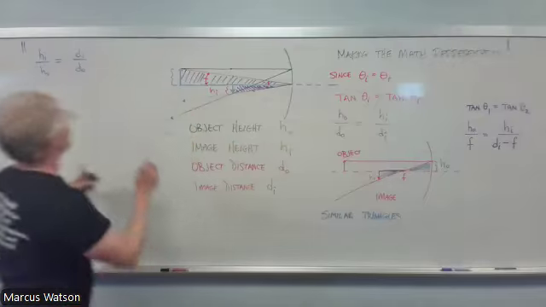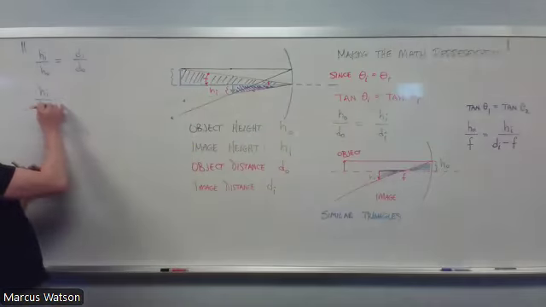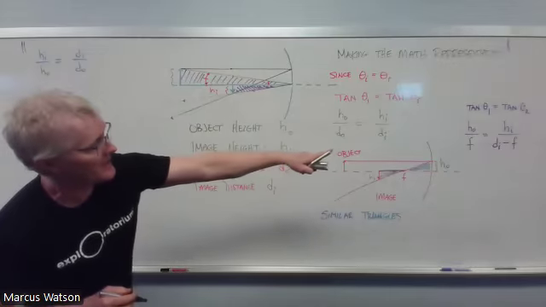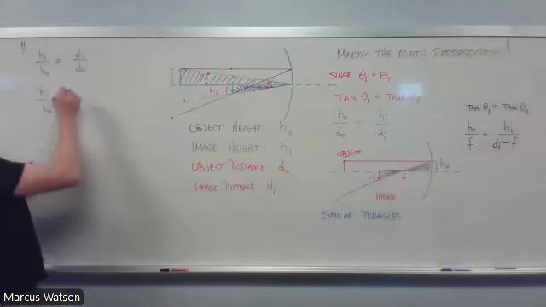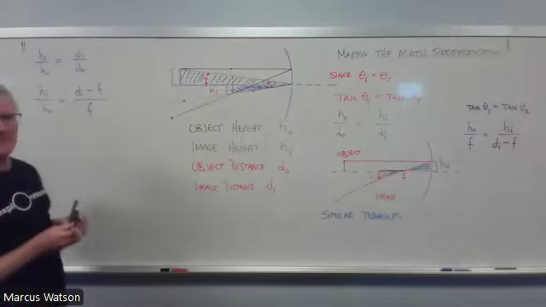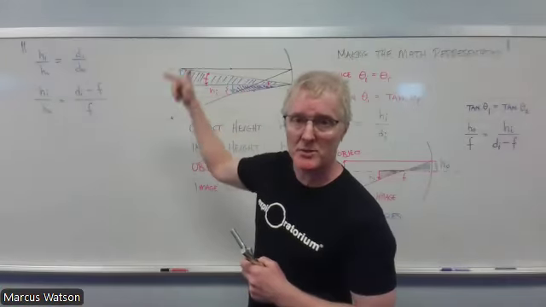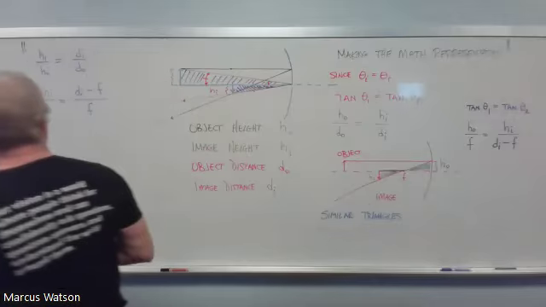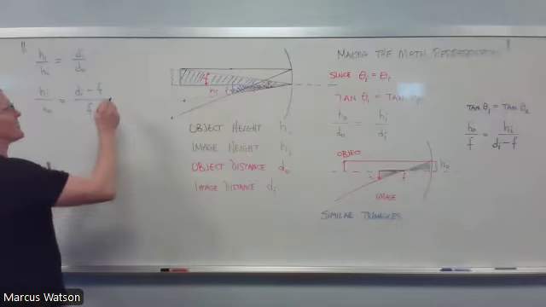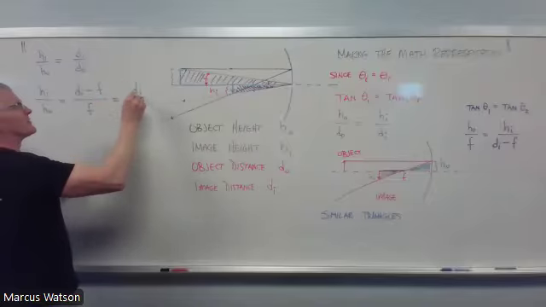That one over there is going to be HI over HO, okay, equaling DI minus F over F. Since those two things are equal, then the right sides of those are the same, so I should just be able to say that they're equal to each other. And so what I'm going to do is just take that and put it right over here and say it's equal to DI over DO.